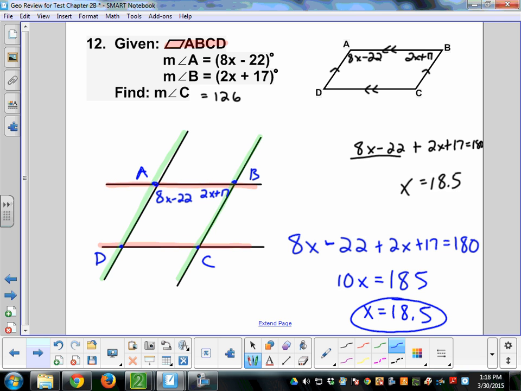Now you plug that back in, and they want angle C. So we do know that angle A and angle C are the same. So that red and that green angle, they look the same, they are the same. So if I can find angle A, obviously by plugging 18.5 back into that expression, okay, so A equals 126 degrees, so C equals 126 degrees.